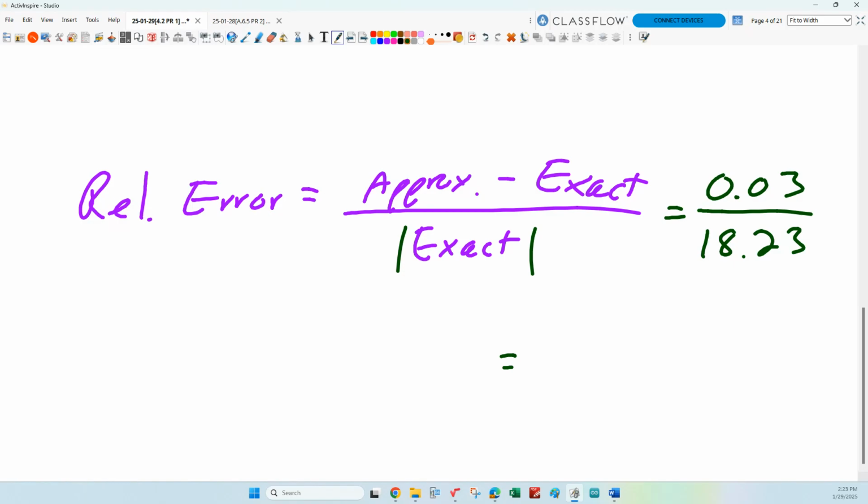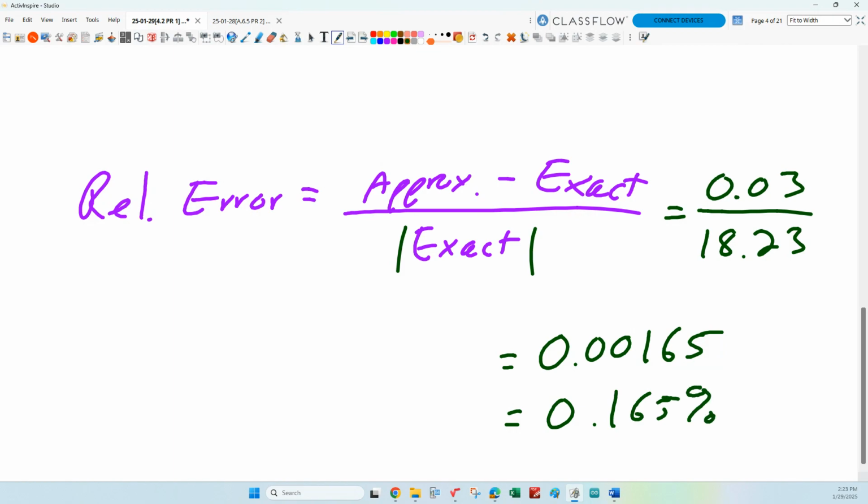Just tell me the decimal first. 0.00164 or 165. Okay, so if I turn that into a percent, that's going to be 0.165% positive. And I think positive is good because we overshot. Okay? But again, on the assignment, everything's positive. Okay, make sense?